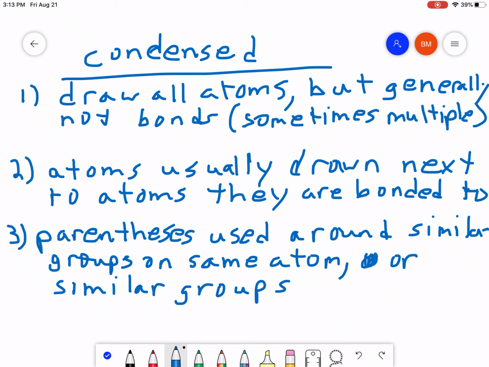Again, this will make more sense once we go over the examples. So make sure to write all these down and then maybe take a screenshot or something, or have your paper ready while we're doing the actual examples, and you can see how they apply.